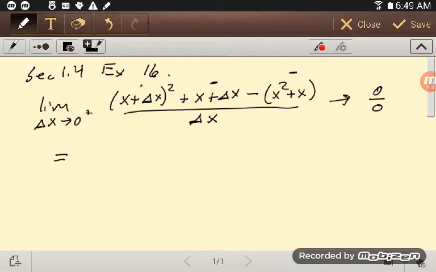But the game in all of these is really just to try to get a factor of delta x in the numerator. And pretty much when I see something like this, all I know how to do with this thing on top is to expand the x plus delta x squared, and so I'll do that.